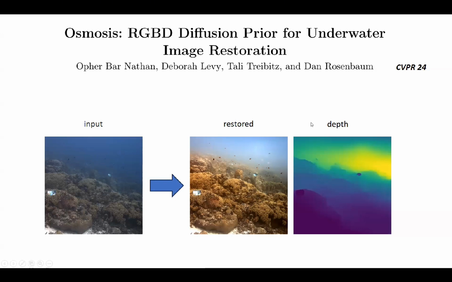As I explained before, from a single input image, we are able to, again, get a pretty good restored image, which kind of removes the water from the scene. So you get a natural view of what this reef looks like, as well as a depth map, which is also a very important channel of information that can be used for further processing of this scene.